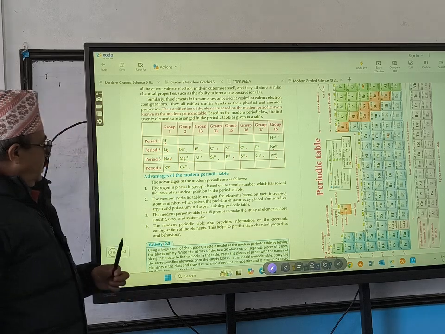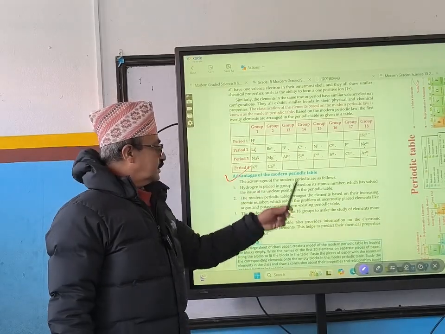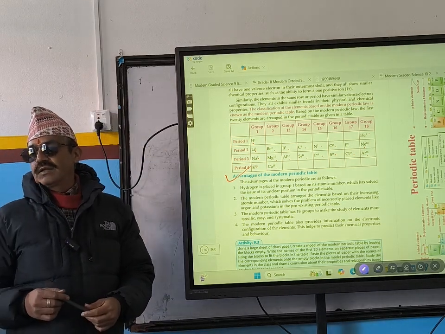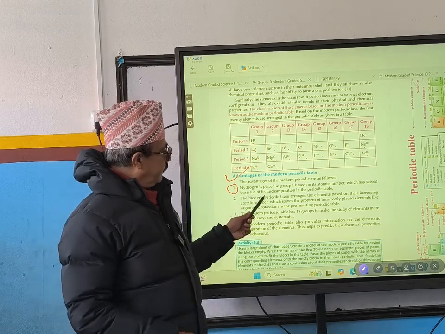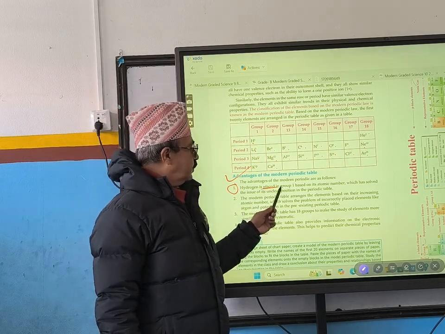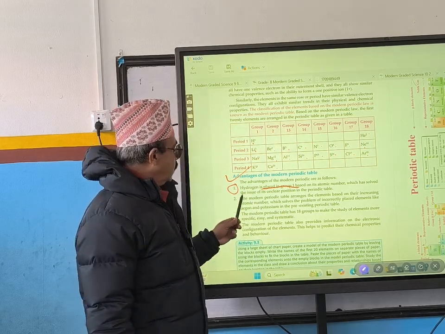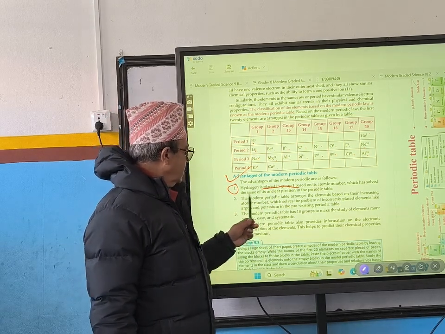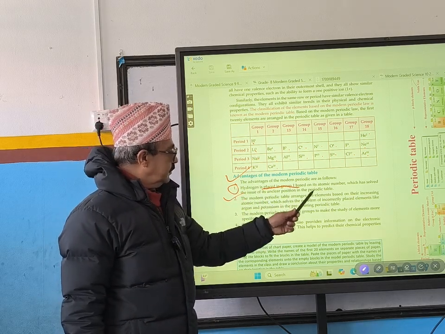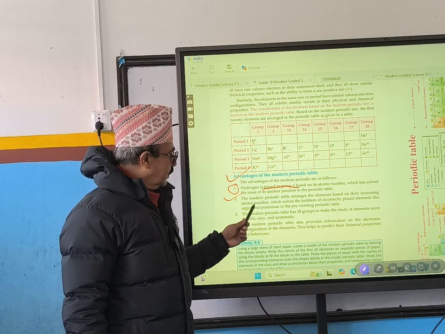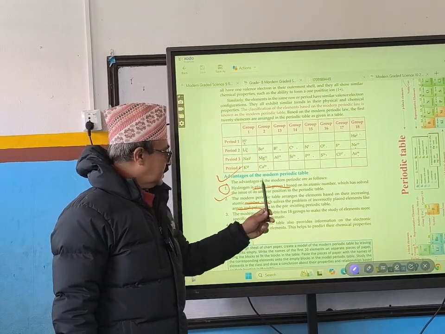Right? Now the last portion we are going to discuss today is the advantages of the modern periodic table. What is the first advantage? Hydrogen is kept in group 1, which has solved the issue of unclear position. Point number 2: it arranges the elements and places elements like argon, potassium correctly.